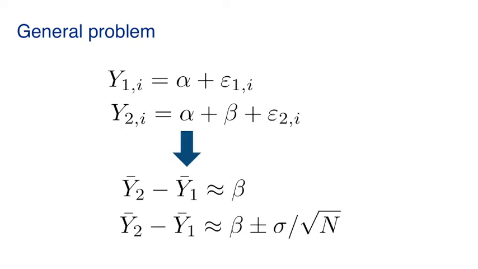Now, statisticians do even more for you. They tell you how much this can vary by chance. This is the variance of the population, divided by the square root of n. Mathematics tells you that.